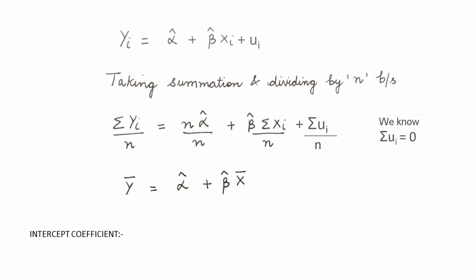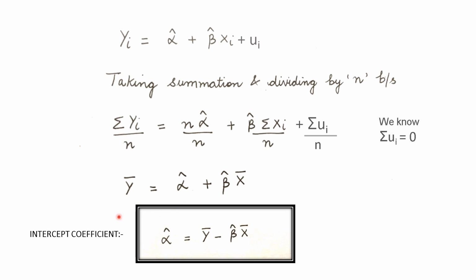Similarly we'll do it for alpha hat, which is the intercept coefficient. We have this equation, and simply by taking the sum and dividing both sides by n, we'll get this equation, right? You know this is the mean of x, this is the mean of y. Simply by writing this and taking this to this side and this to this side, you will get this equation, and this is the derived value of the intercept coefficient.